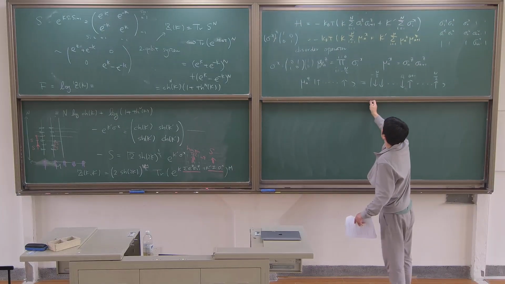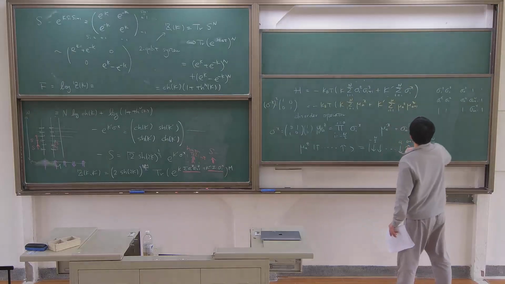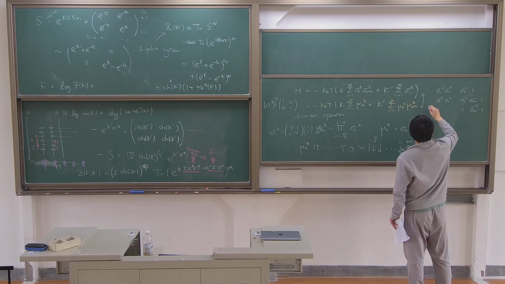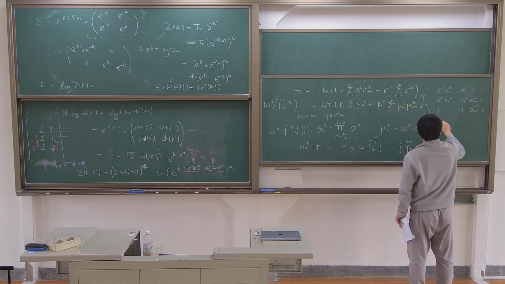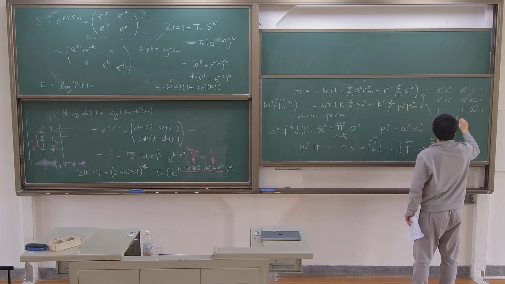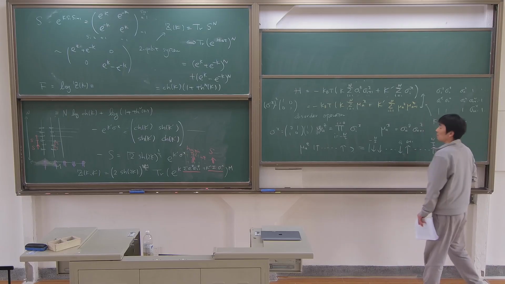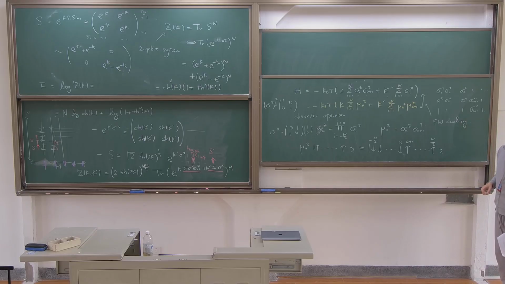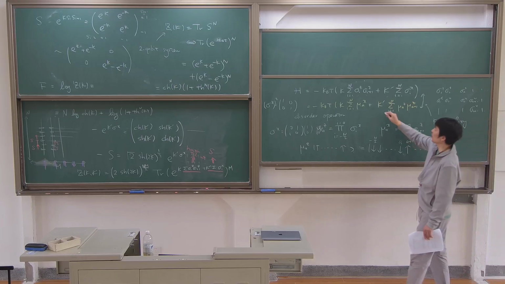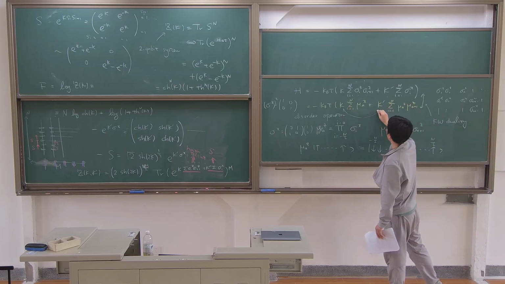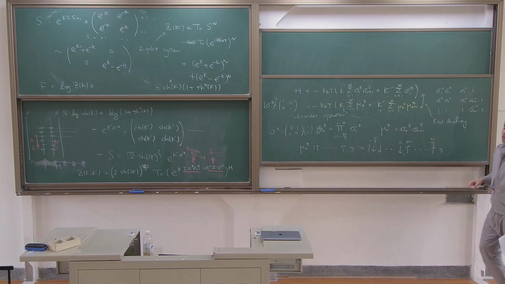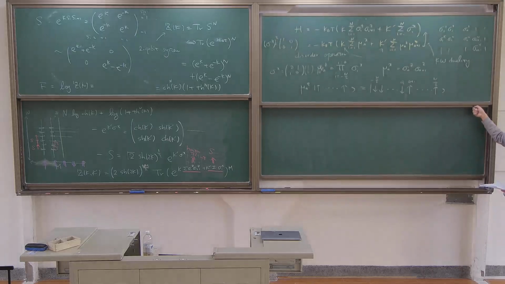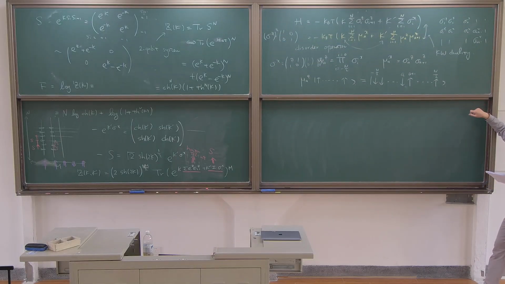This is literally the Kramers-Wannier duality at the level of the quantum Hamiltonian. It just exchanges K and K prime, which is exactly what we saw the previous time. Any questions or comments?